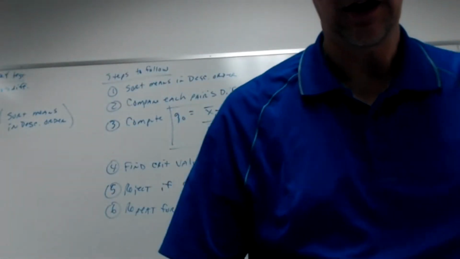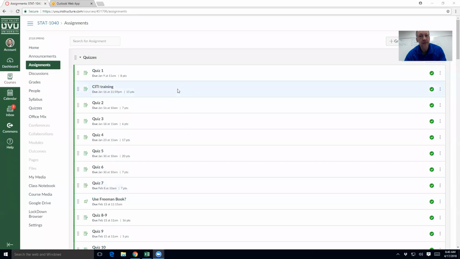So let's go ahead, open up Canvas, and we're going to go to one of our worksheets. Yes, question. If you repeat for all pairs, let's say you have 3 of them, you do the first one and the last one together? The question is, if you have 3 pairs, we're going to do 4 today. If you have 3 pairs, you're going to compare 1 versus 2, 1 versus 3, and 2 versus 3.